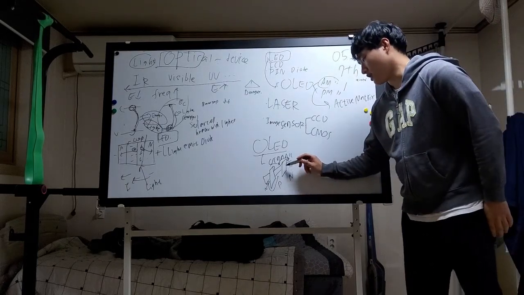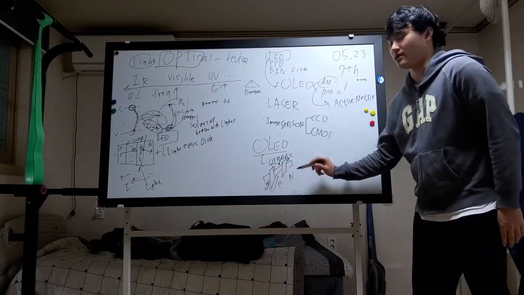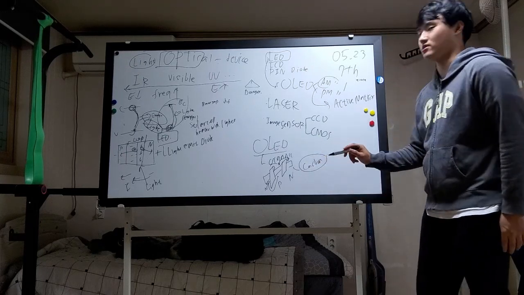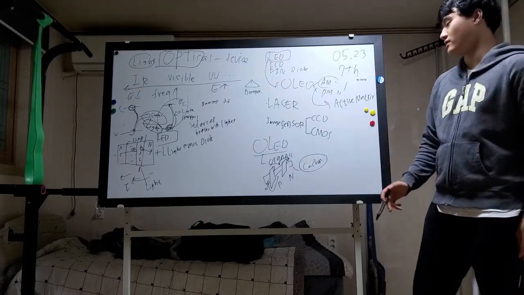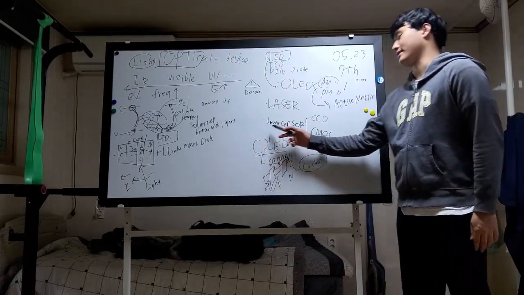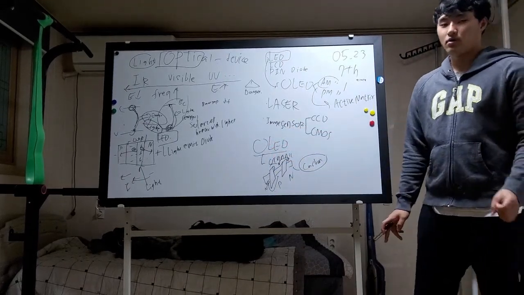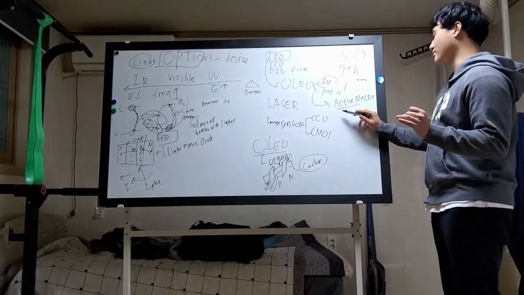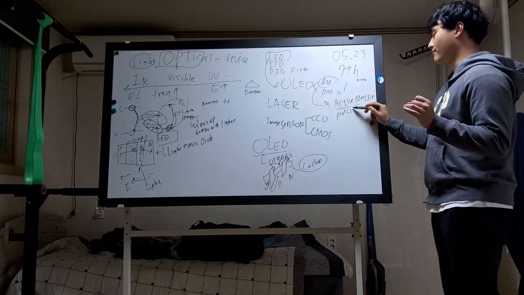In this structure of LED, we use carbon-based materials. This is why we call it OLED, organic LED. And for organic LED, there are two methods: active matrix and passive matrix.